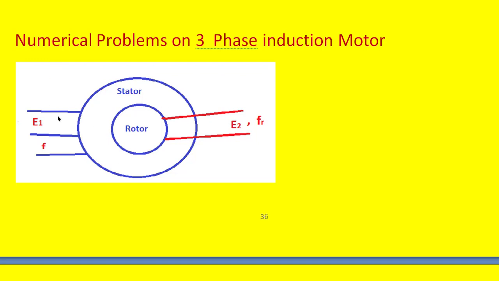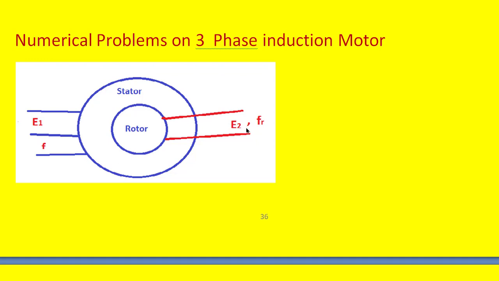So the induced voltage in the stator winding we call E1, and the supply frequency we call f, and the rotor induced EMF per phase we call E2, and the rotor frequency, meaning the induced EMF frequency, we call fr.